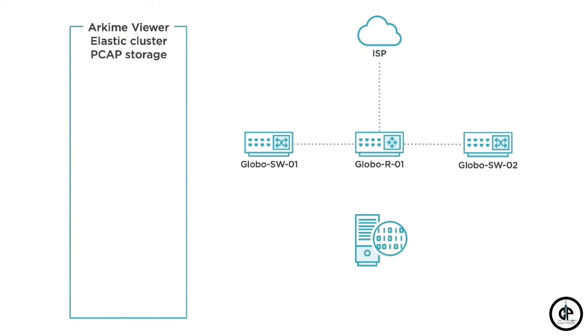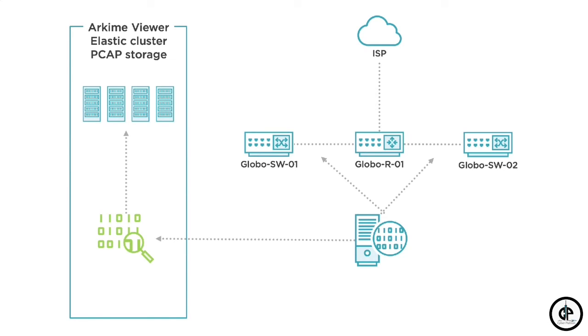Once an Arkime sensor is deployed, it begins performing not only the full packet capture, but also submitting data to an Elastic cluster. What Arkime submits to Elastic is just metadata about the traffic, and this is the content that you'll see in the viewer. This is what gives you the ability to search through your network traffic data. When you need to look at the data that was not part of this indexed metadata, it also has the ability through the viewer to load that data for you or allow you to export the PCAP for more detailed analysis.